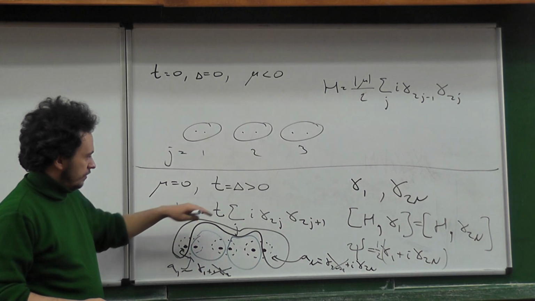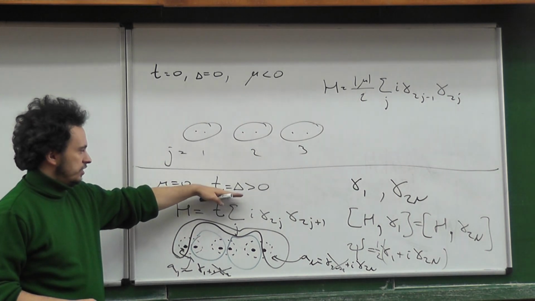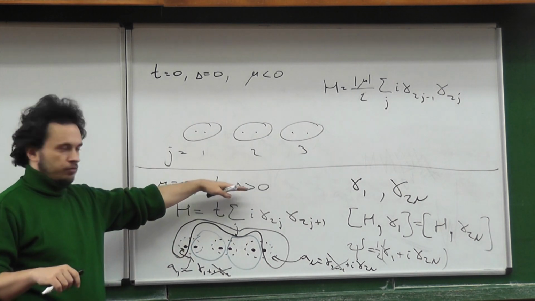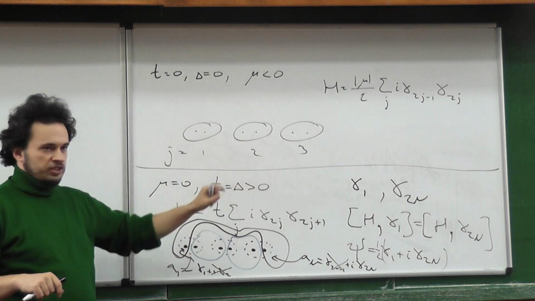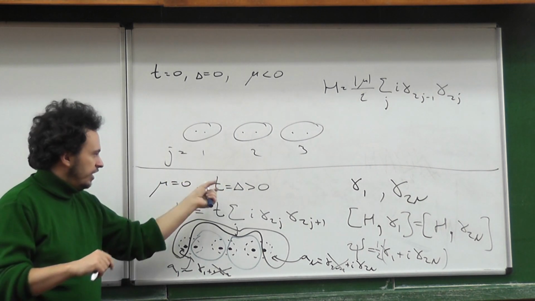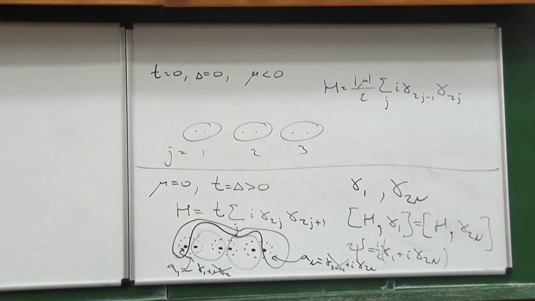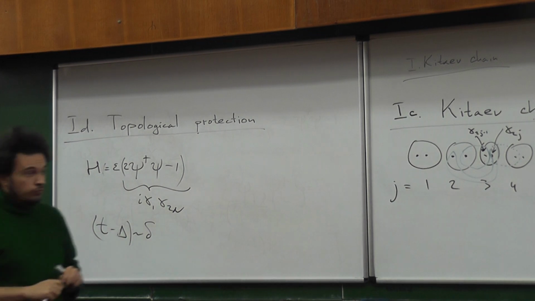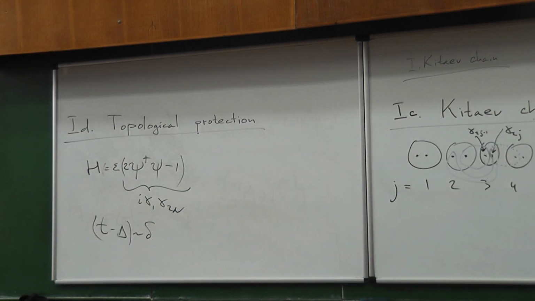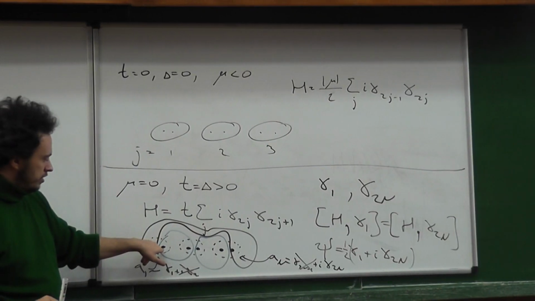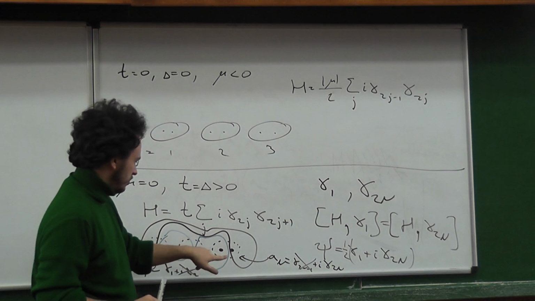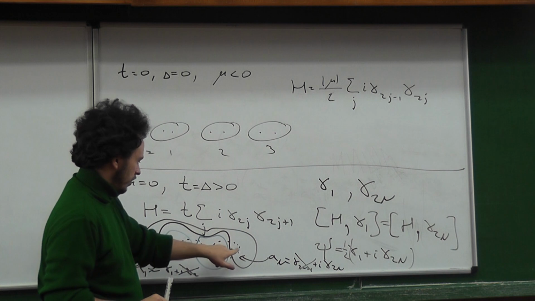If, as in any realistic system, these amplitudes are finite, maybe large compared to our perturbations, we're close to this limit, but t is not exactly delta, there is some deviation, say t minus capital delta, I will call it delta. Then what can I have? I can have a term in my Hamiltonian that couples this and this. Then I can have a term in my Hamiltonian that couples this and that.